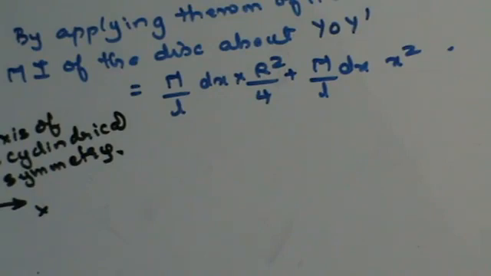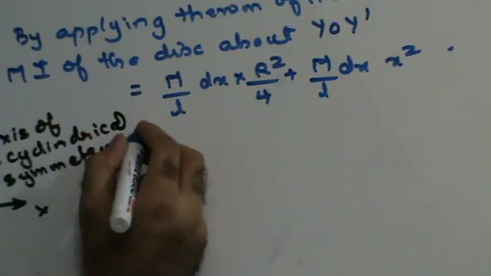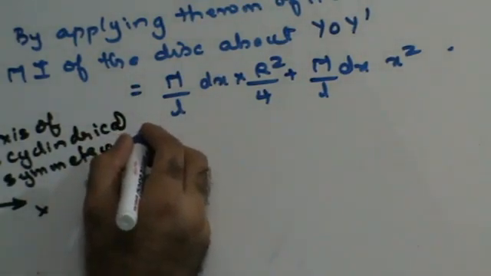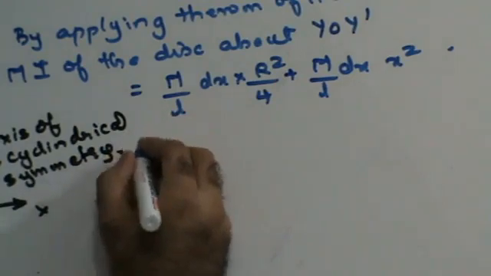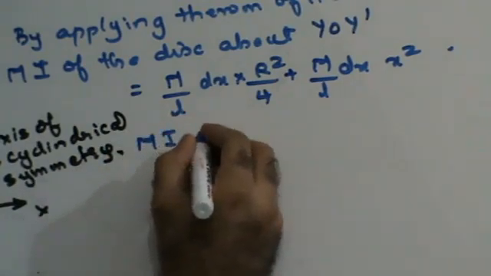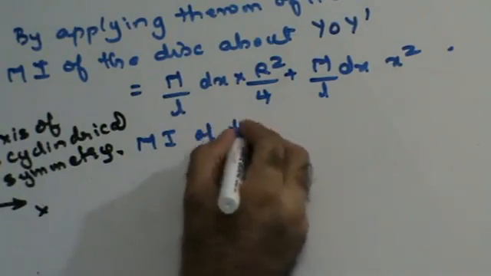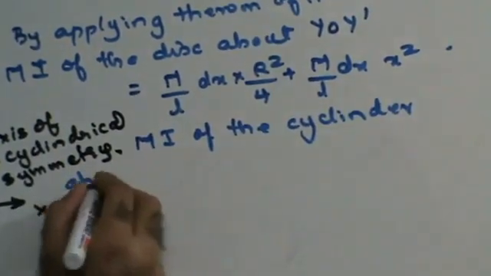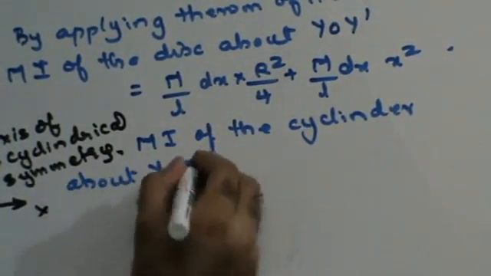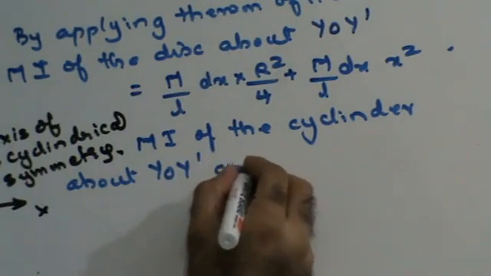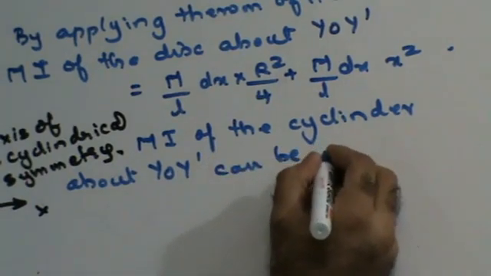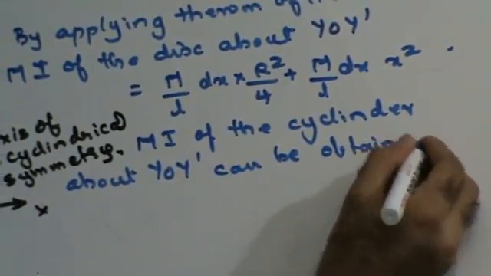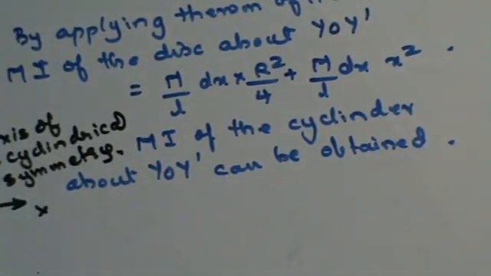Now I can use this to find out the moment of inertia for the entire cylinder. I found out moment of inertia of the disc, and we said that the cylinder is nothing but multiple discs stacked one upon the other.